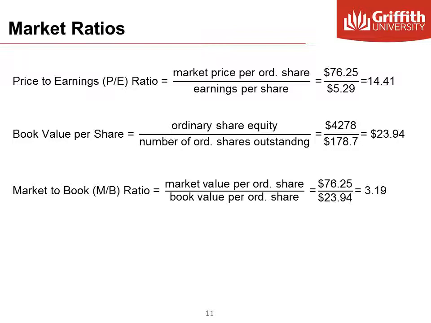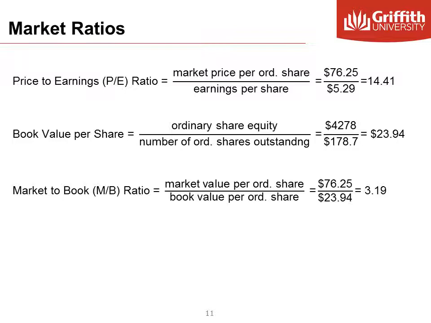Having calculated earnings per share on a previous slide, we can go on and calculate the price-earnings ratio, which is the most quoted ratio in the financial circles. The P/E ratio measures the company's long-term growth prospects, as it represents how much investors are willing to pay for $1 of earnings. There are many ways you can interpret this P/E ratio.